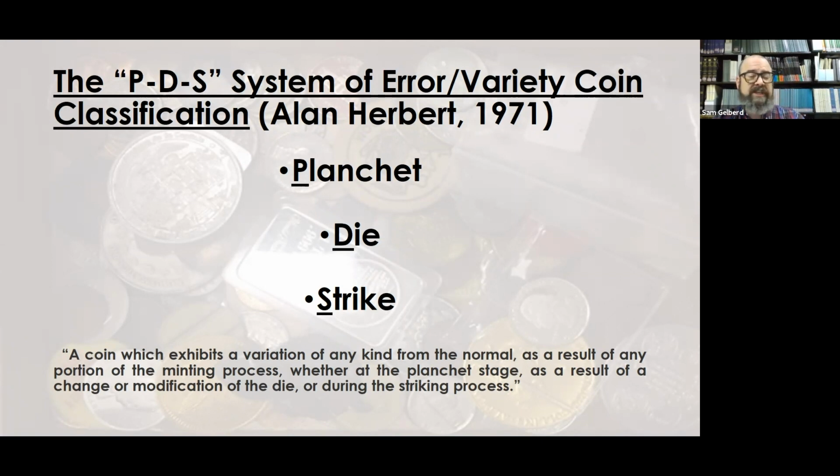Either problems with the planchet, problems with the die or dies that strike the coin, or of course the actual striking process. Sometimes you get combinations of two or three of them, but we will look at what a real error or a die variety coin is in just a moment here.